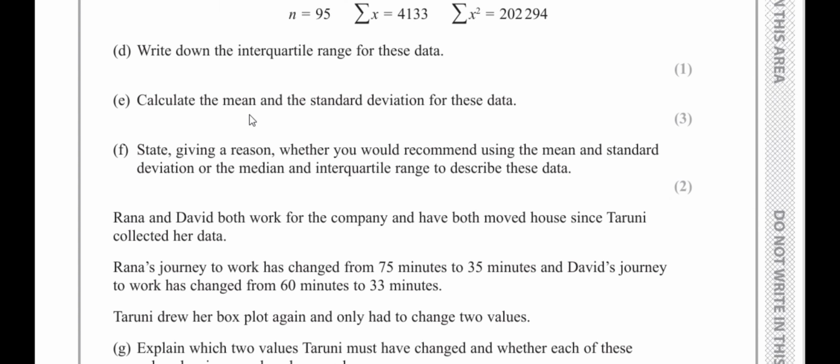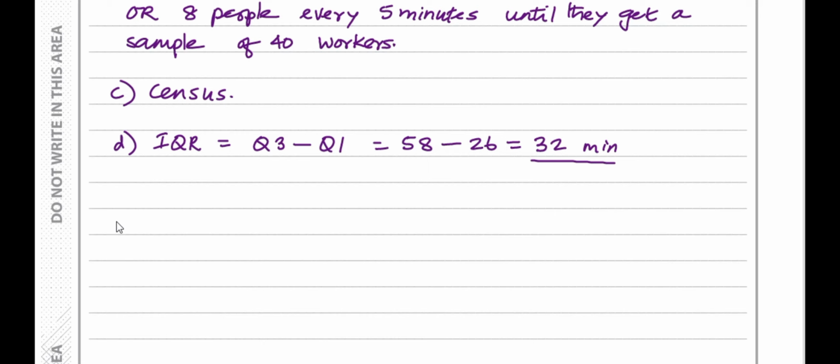Part E. Calculate the mean and the standard deviation for these data. The mean is nothing but sigma x divided by n, the total frequency. So the mean is sigma x over sigma f, the total number. Here it is given as 4133 divided by 95.